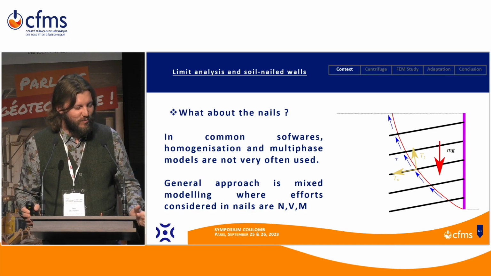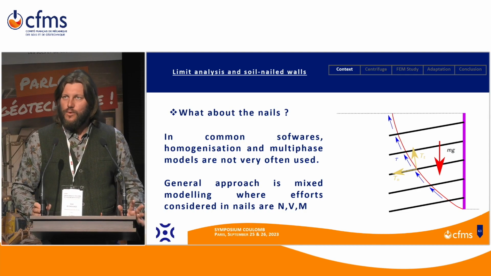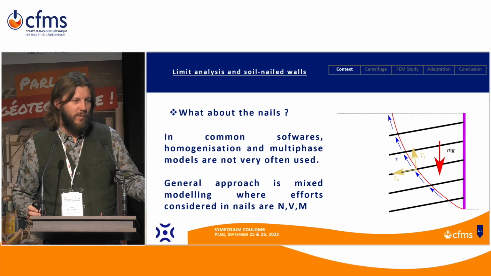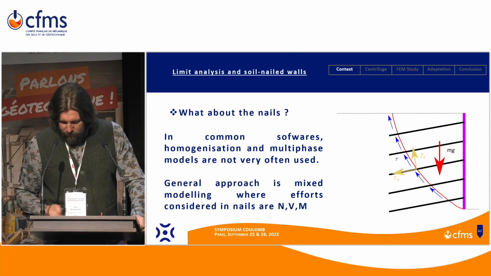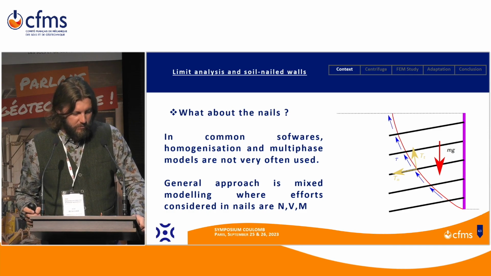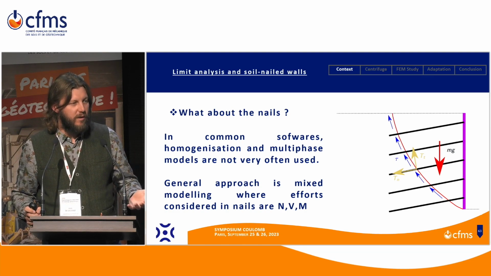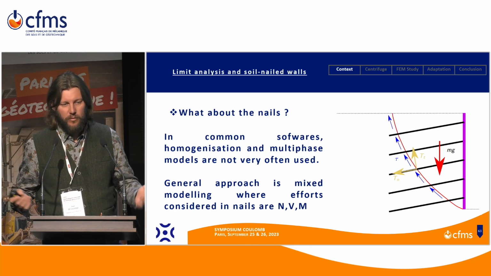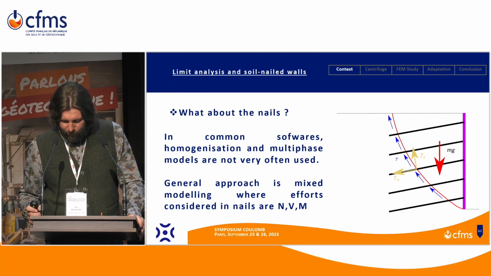In common software, at least to my knowledge, homogenization and multiphase models are not very often used, and the general approach is mixed modeling, where you use generalized stresses N, V, M. Here our question is to find the maximum values that N, V and M can take, in order to know the maximum resisting strengths you can mobilize.